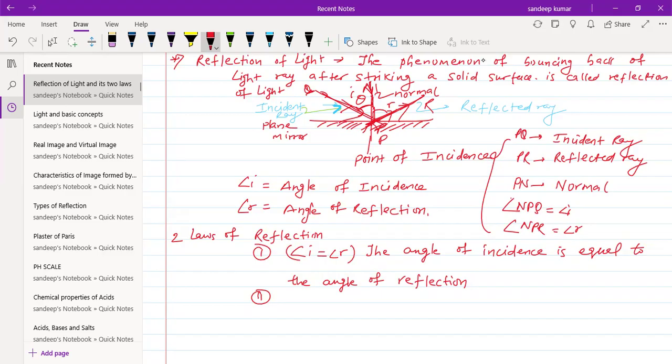What is the second law, children? The incident ray, the reflected ray, and the normal at the point of incidence all lie on the same plane.